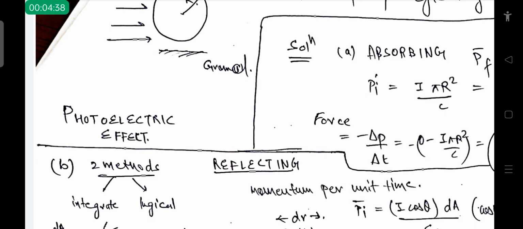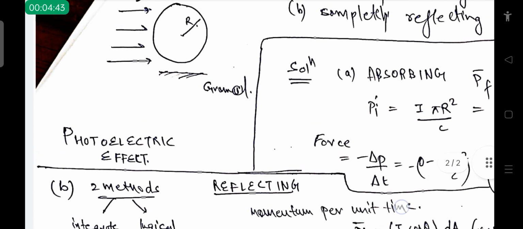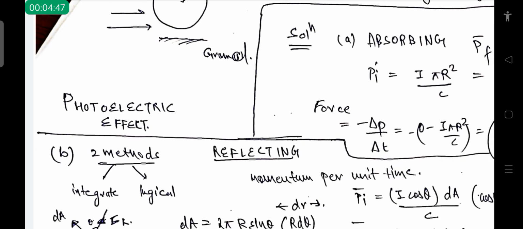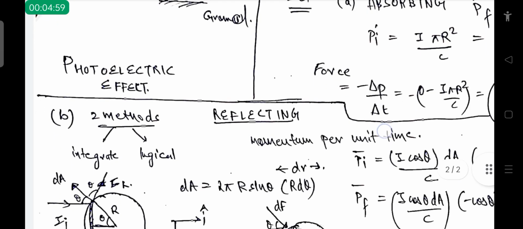The second is to think logically. I can't think of a logical way right now; if you can, do tell me what you think. But let us first use calculus and integrate, see what answer comes, and then think about whether we can find a logical approach.